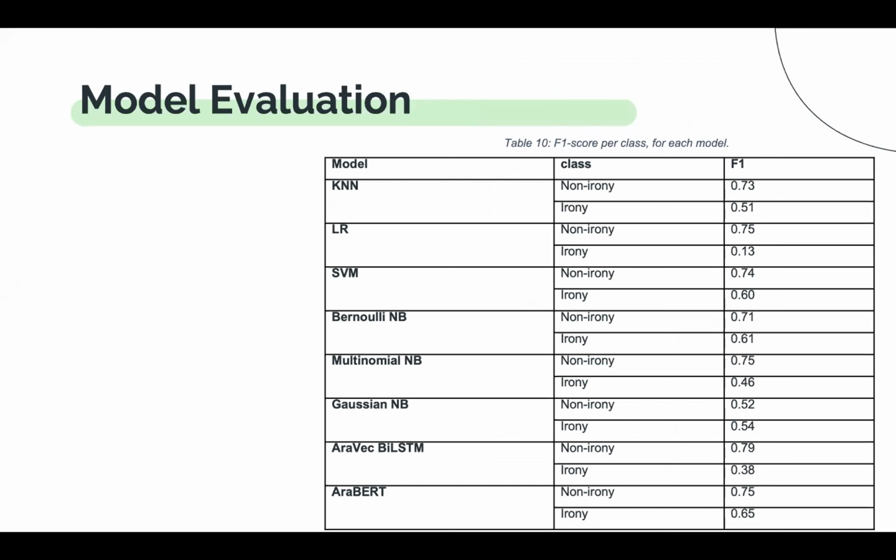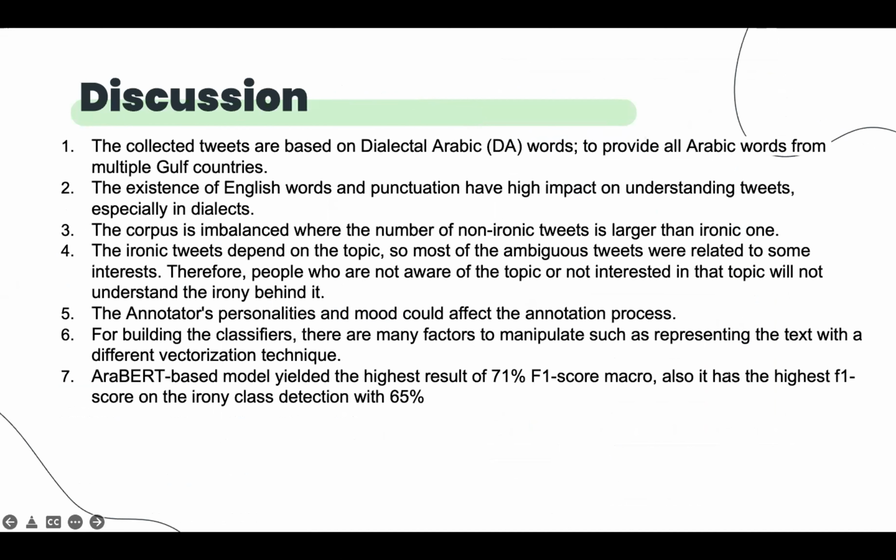We can see that AraBERT achieved the highest score on the irony class. As we discussed, the collected tweets are based on dialect Arabic, especially the Saudi dialect, and AraBERT achieved the highest result, followed by the SVM model.